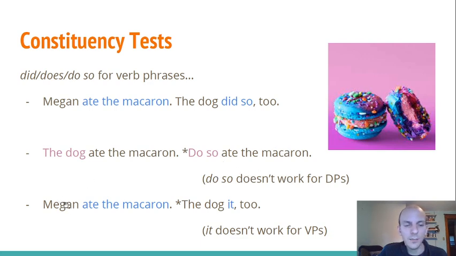And similarly, if we had Megan ate the macaron and we're trying to test this verbal thing and we try to put a pronoun in there, the dog it too, doesn't work. So try both of them and you'll be even better off. Just keep testing. That's proform substitution. So we have substitution itself and then we have a subtype of that, which is proform substitution.